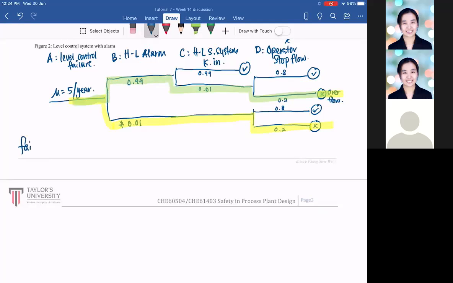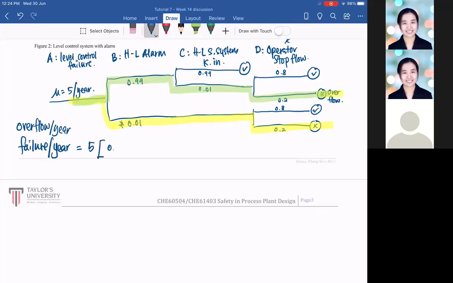So failure per year, or what we call the overflow per year, is where we have route 1. Okay, so 5 times per year it failed.